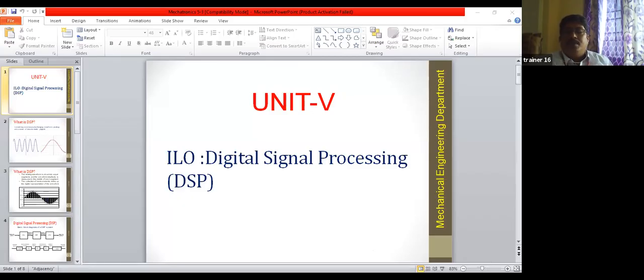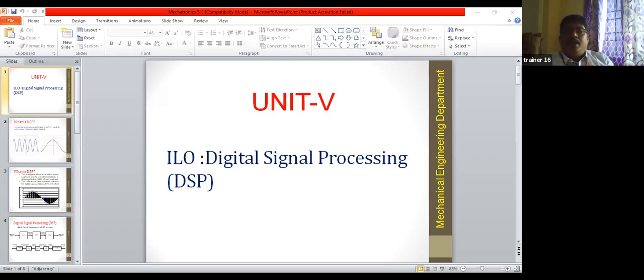Last class we discussed analog to digital conversion and digital to analog conversion. Analog to digital conversion means the data is converted from analog to digital. Digital means numerical, so it is in the form of binary.